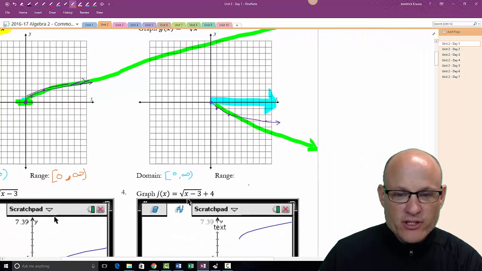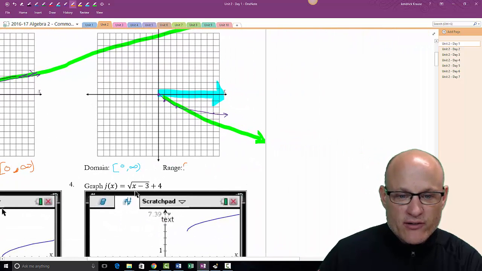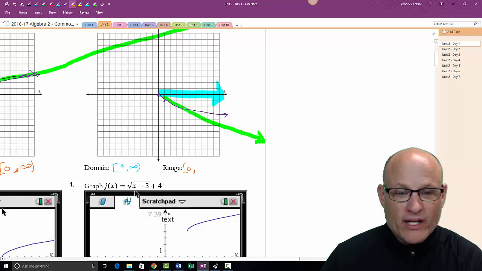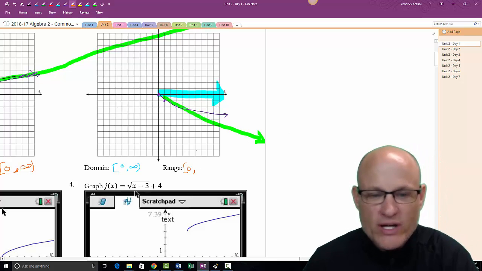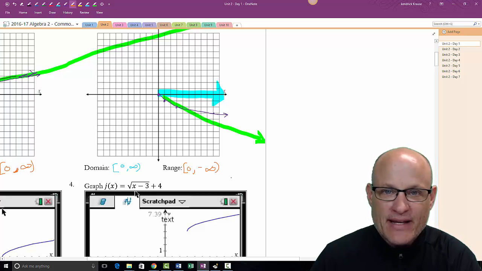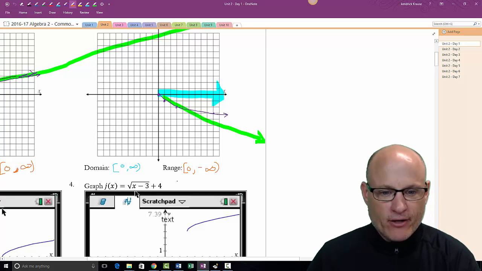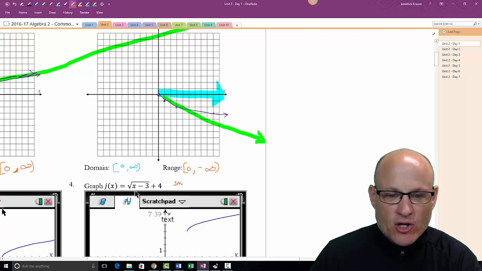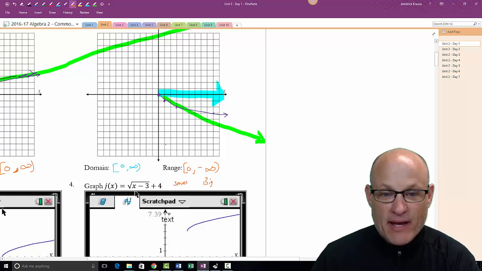And for this one over here, the range is going to start at 0, but it's going to continue to, oh, wait a second. Let's back up. Hold on, let me show you what I was about to write, and I want you to see if that doesn't make any sense. Let's start at 0 and keep going to negative infinity. No. Remember, the small number has to go on the left, and the big number has to go on the right. So I got this backwards.